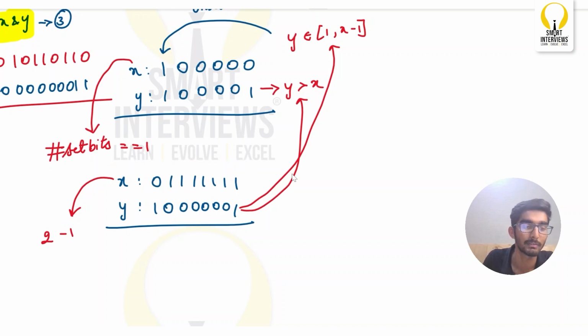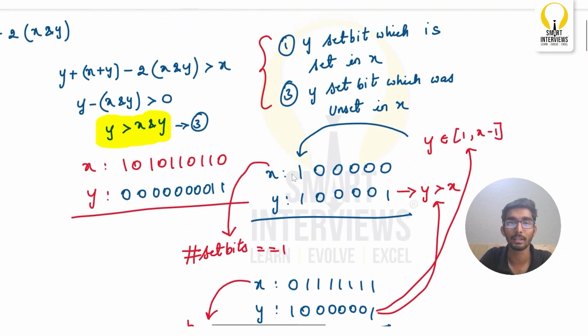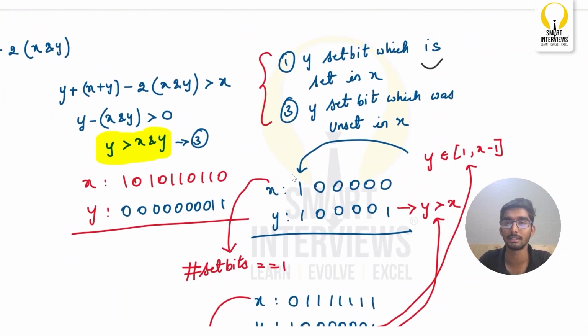Not exactly x, 2 power some set bits minus 1. So in these two cases, we need to print minus 1. In all the other cases, we will print the value of y, which follows these two conditions, this and this.